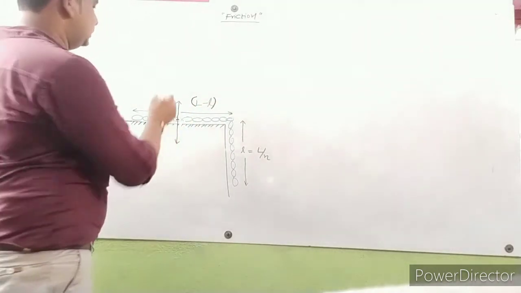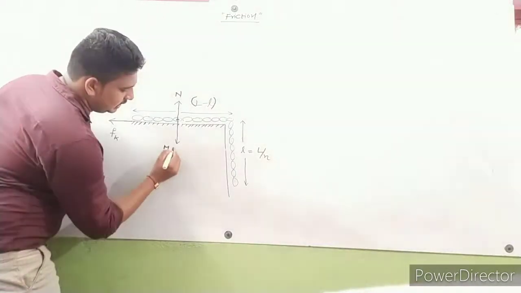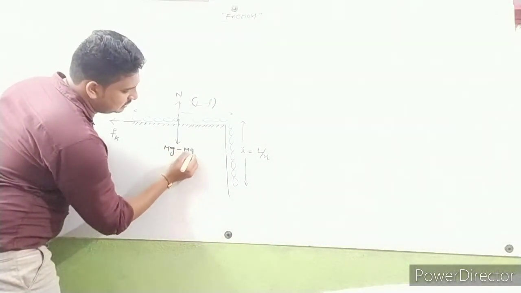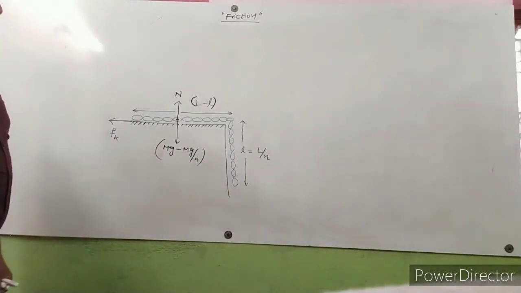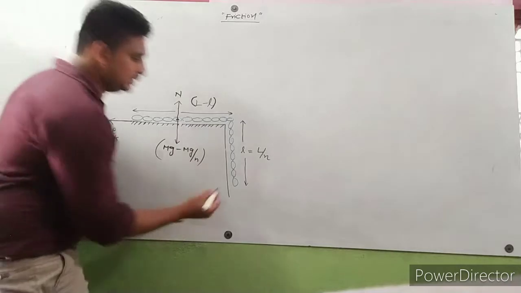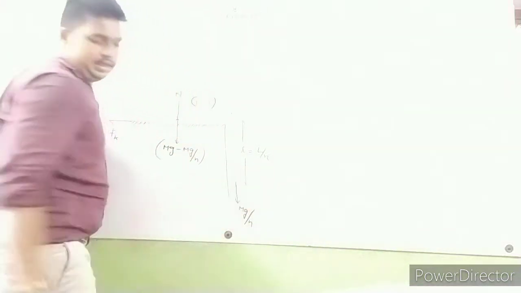From this, normal force N is mg minus mg by n, and the weight of the hanging part is mg by n.